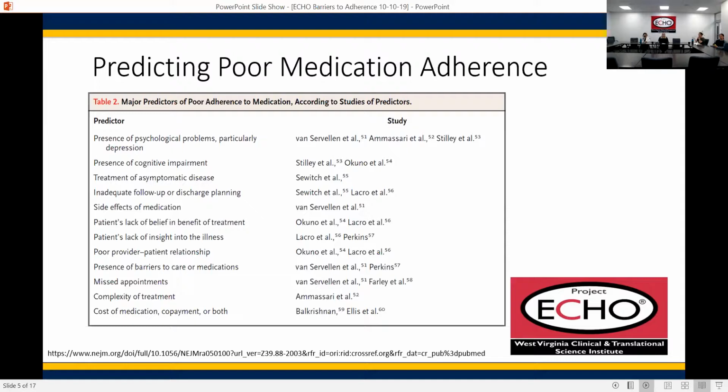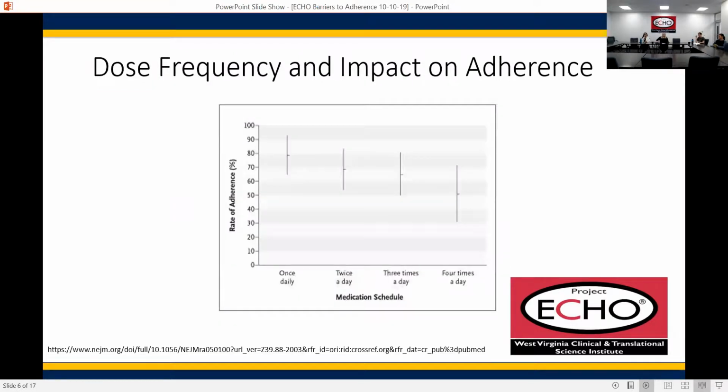And that plays into the next slide, where you can see from the same study, they pulled information on dosing frequency and how that impacts adherence. The horizontal lines you see are the mean adherence rate for those, and the vertical lines are one standard deviation from that.